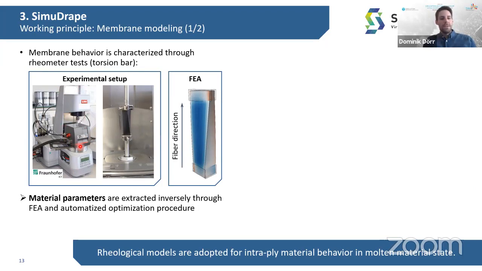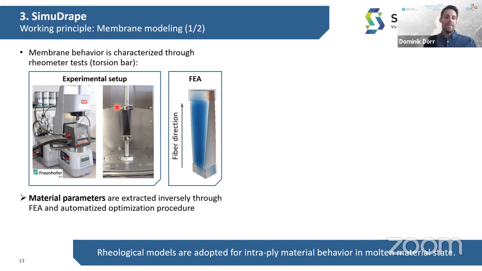If we have a look into this thermal chamber, we can see the characterization setup here. This is just a unidirectional bar, which is loaded under torsion. Through this torsional load, we introduce longitudinal shear deformation into our specimen, and based on this, we are able to characterize the shear rate and temperature dependent shear behavior very accurately with this rheometer setup.